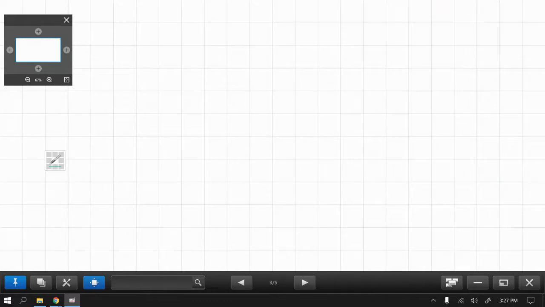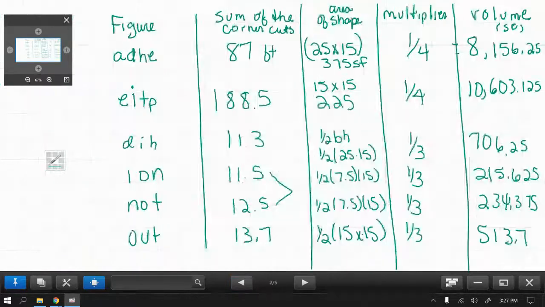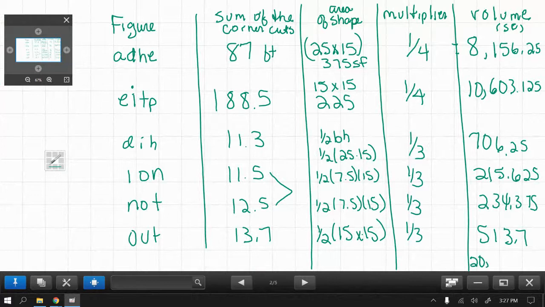So I add all of those up. And you should get for your total, I don't know if I can put it down here at the bottom, I should get 20,429.375.